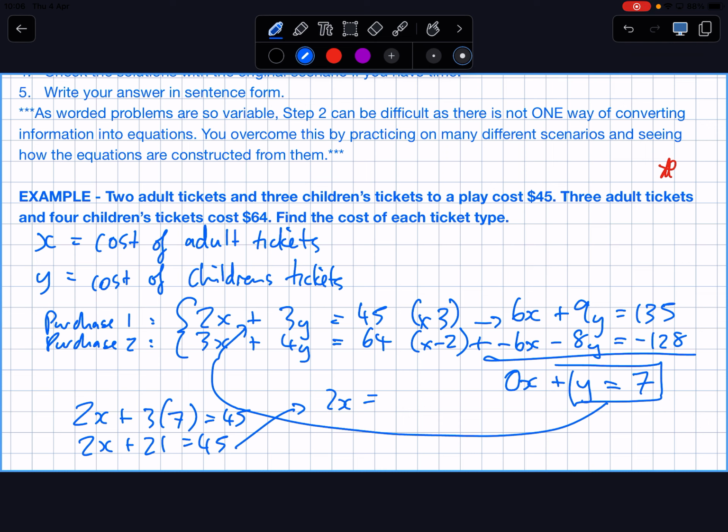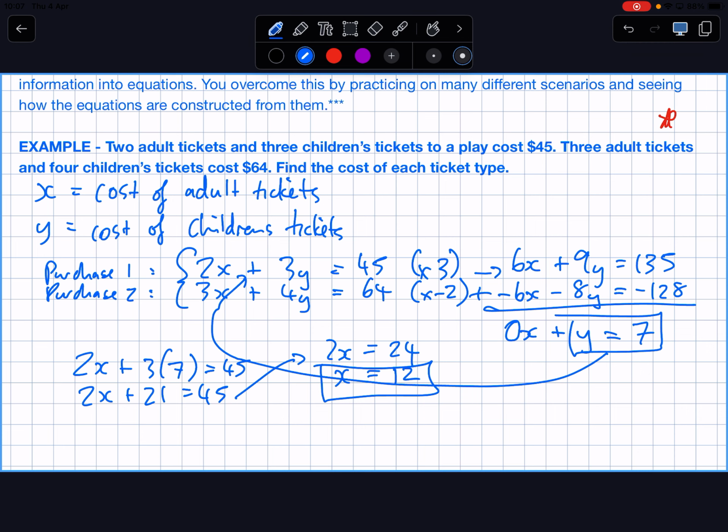So what's that going to be? x equals 12. No, don't skip. What's the next term? 45, take 21. 24. And then you get to your answer. Opposite of timesing by 2 is dividing by 2, 12s. So I know what my x is.